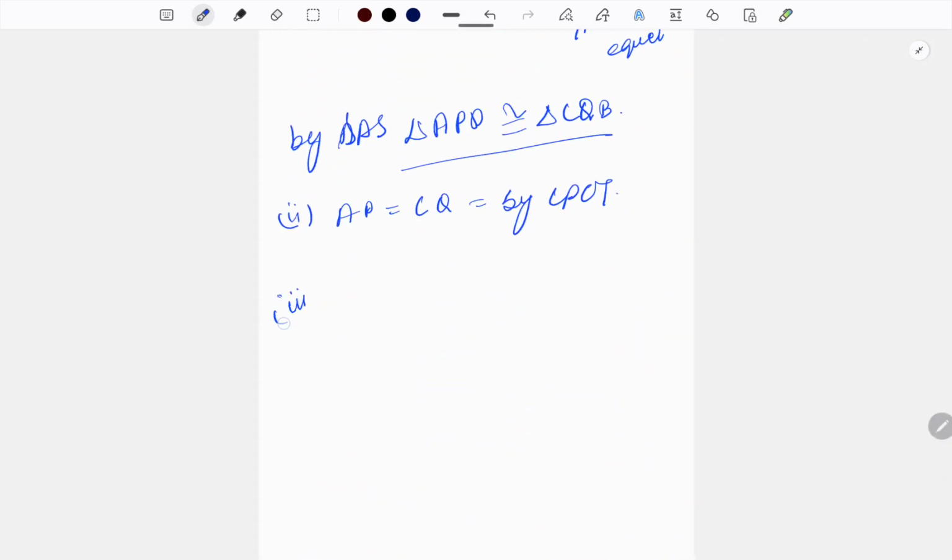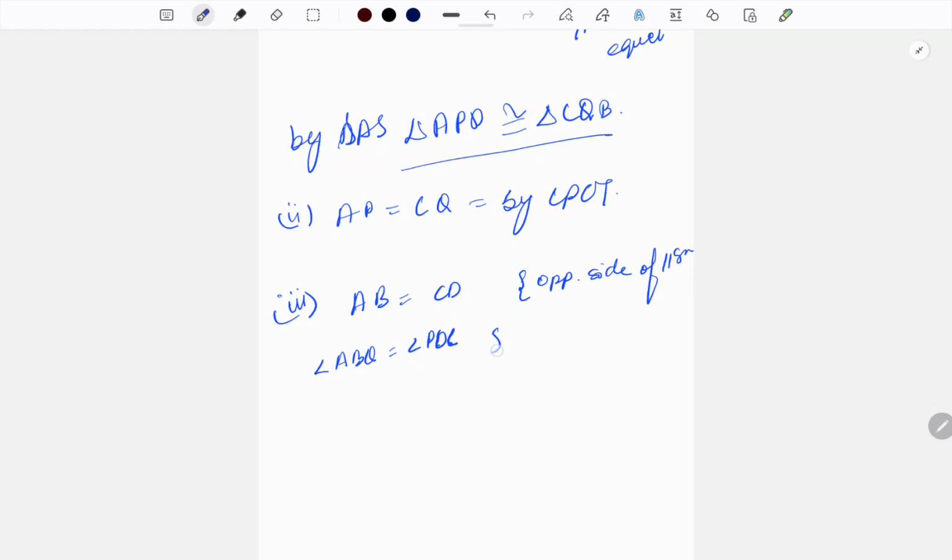Third part. AB is equal to CD, opposite sides of parallelogram. Angle ABQ is equal to angle PDC.